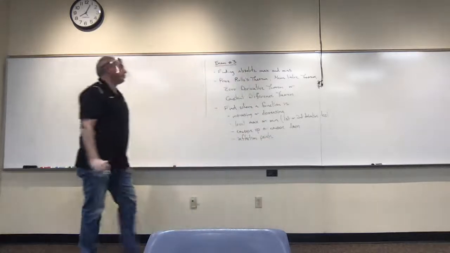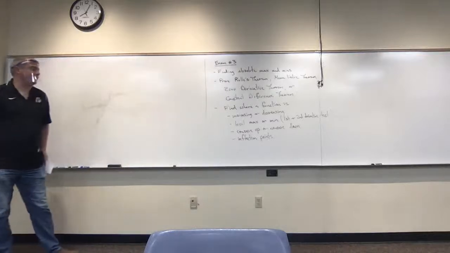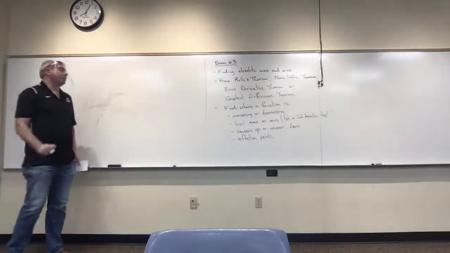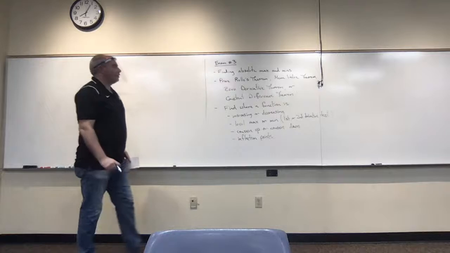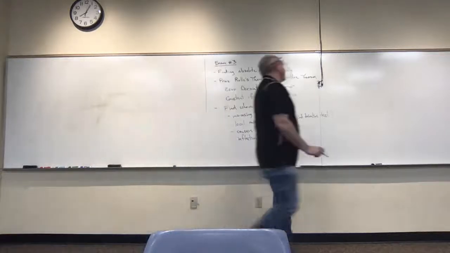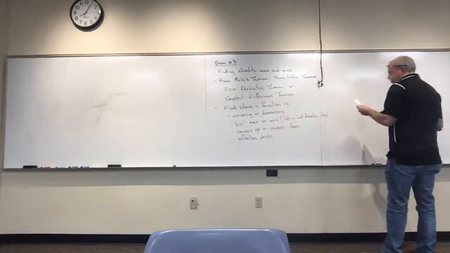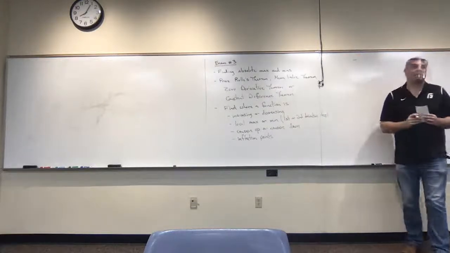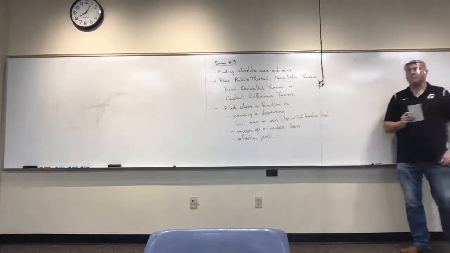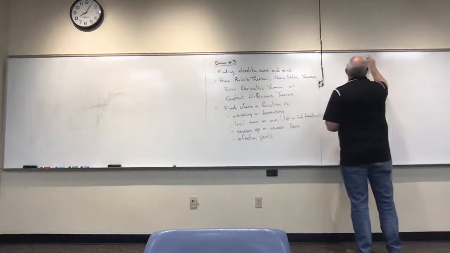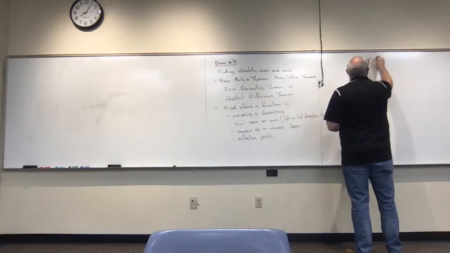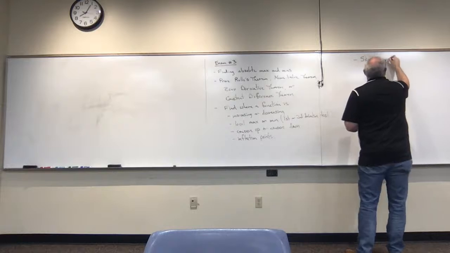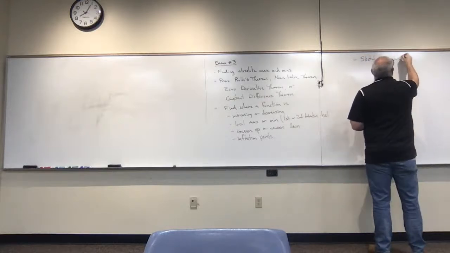Those are all the pieces of information that we can get out of the first and second derivative for a function. Then we should be able to use all of that information together to sketch a graph of the function.